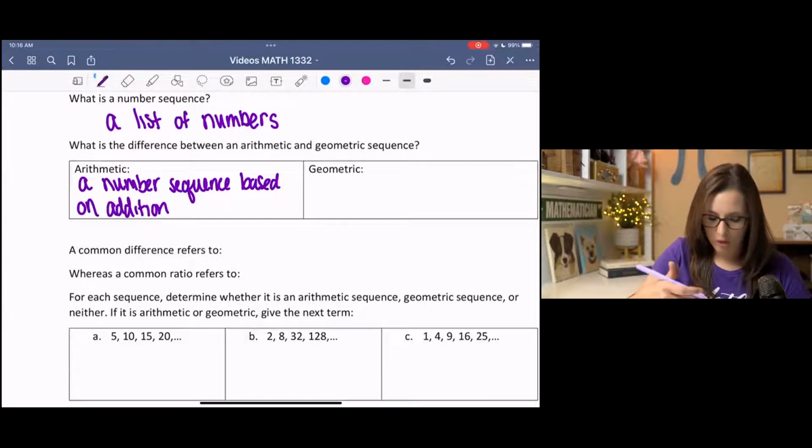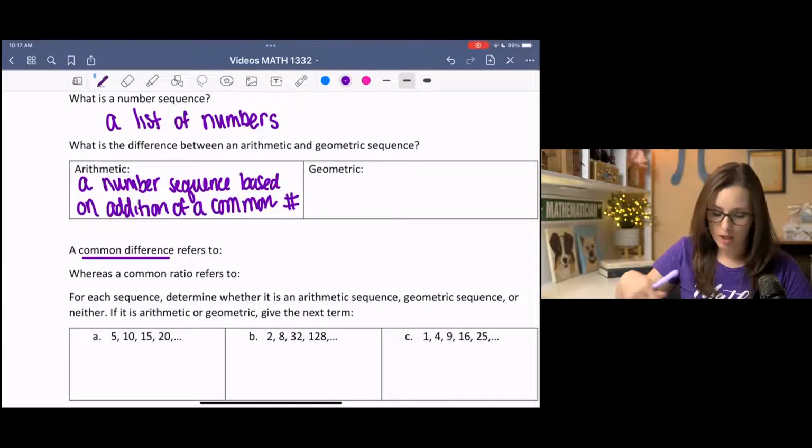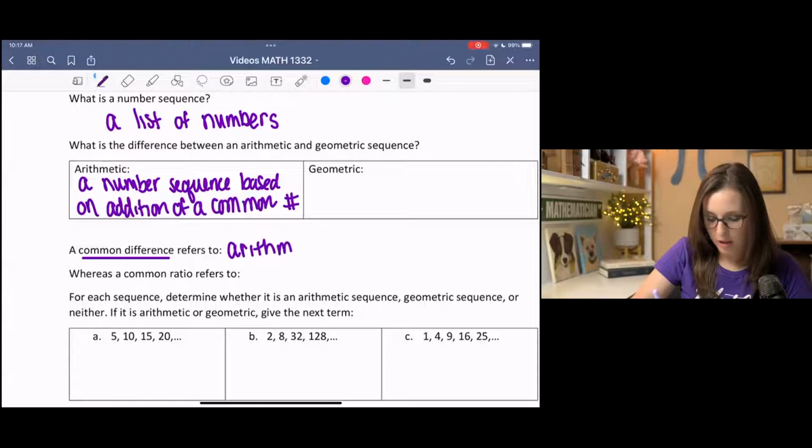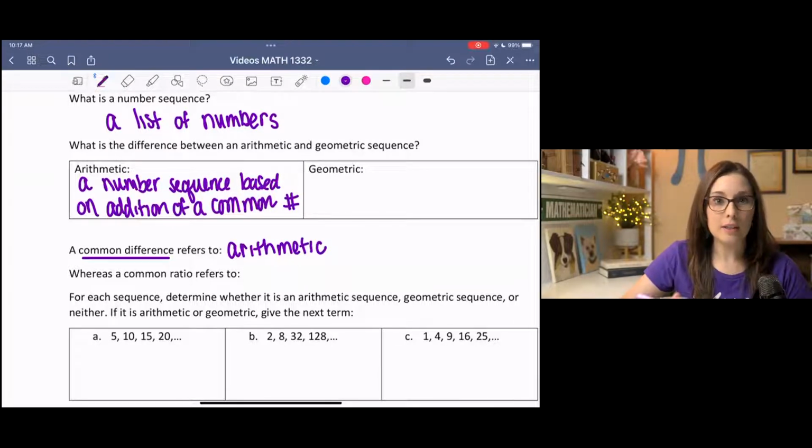So we call that a common difference. That number that's being added each time is the common difference, and that refers to arithmetic. So long story short, arithmetic is associated with adding.